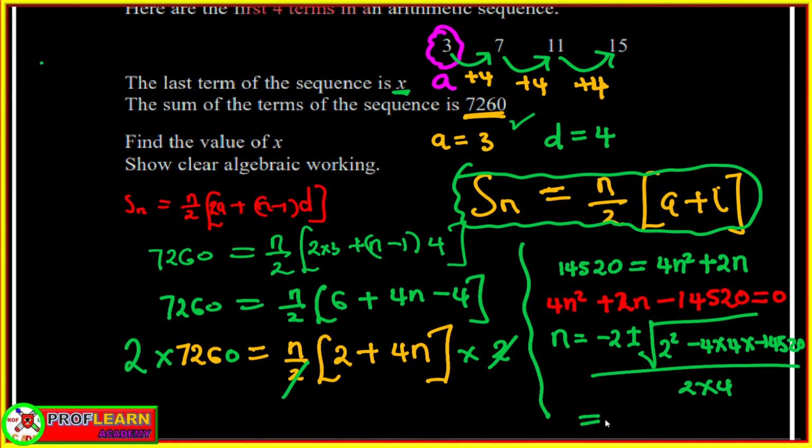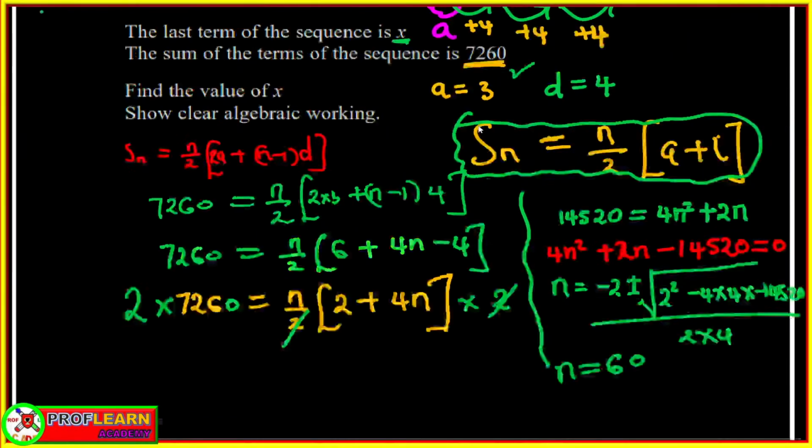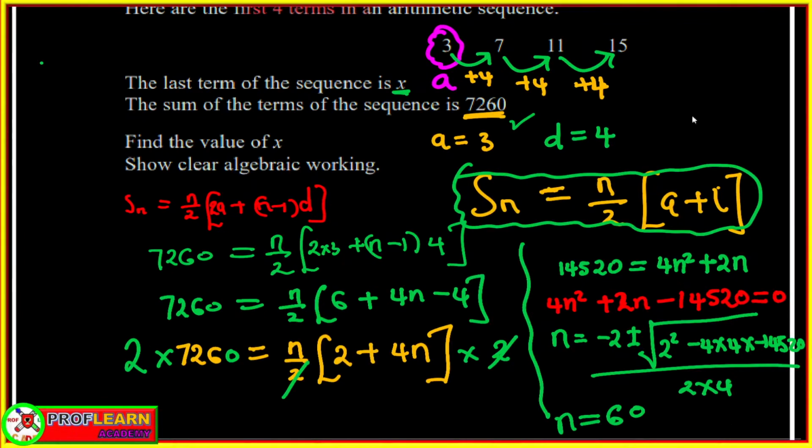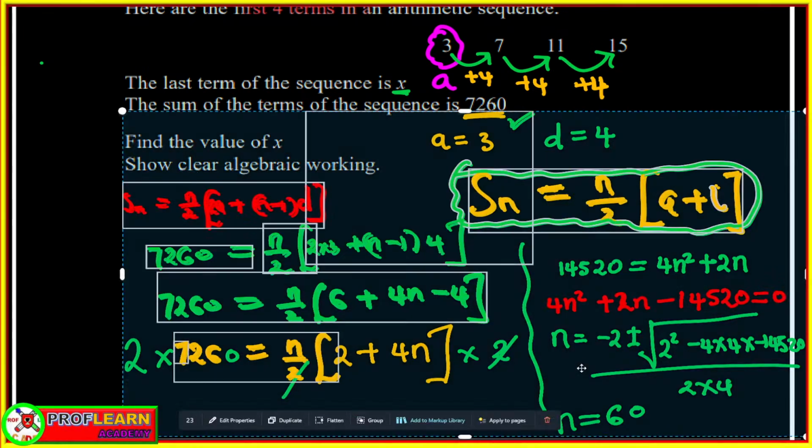So if you work this out, you are going to get the value of n in this case to be 60. So once you have found the value of n, how are you going to use it in order to work out the last term, which is actually x, because we were told the last term is x.